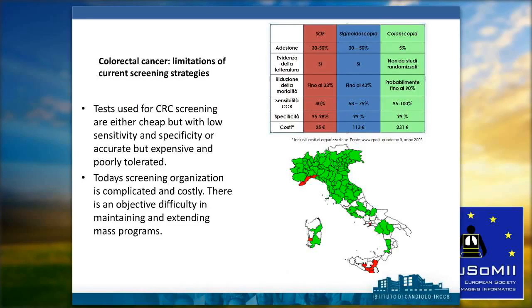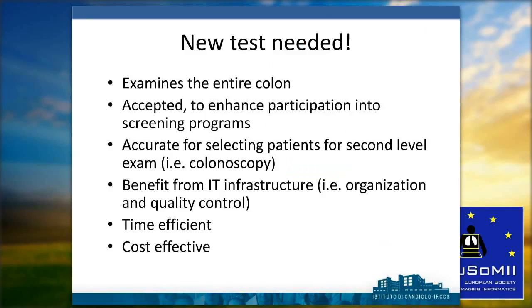And also, if we look at Italy, which is a bit of a boot, you can see that there are differences. In North Italy screening is working very nicely, but the south of Italy is not. There are very few screening programs going on, and so there's a difficulty in developing screening programs and extending these mass programs, and also in maintaining them.